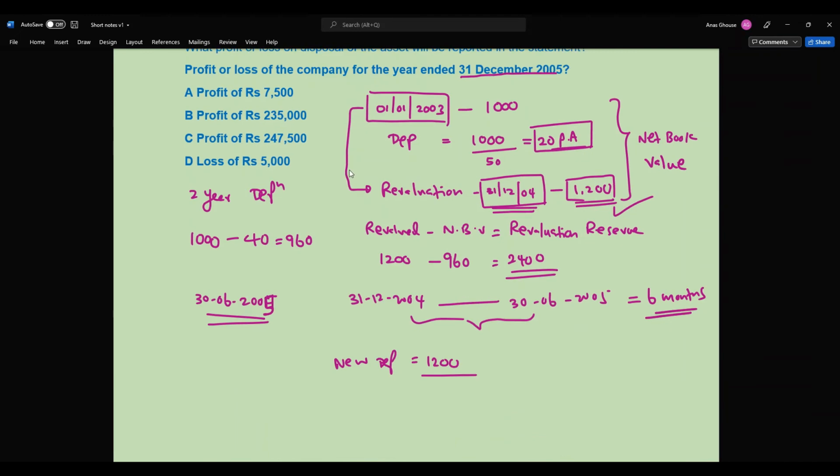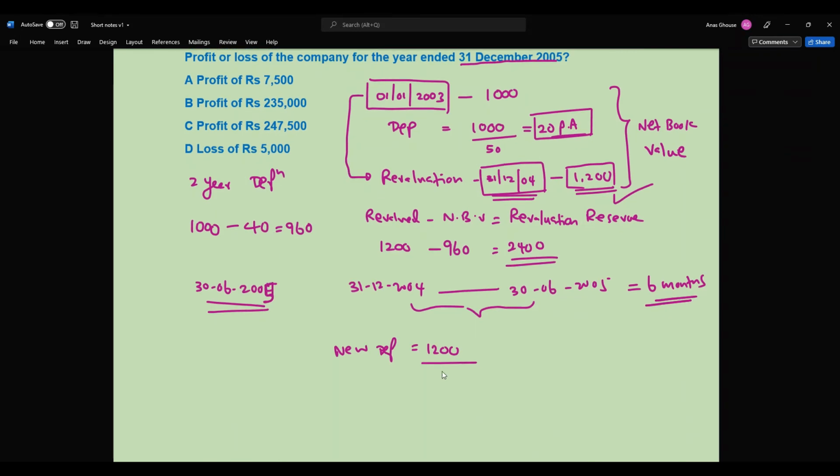So this 1.2 million should be divided by 48 years, the remaining useful life. 1.2 million divided by 48 is 25,000 per annum. But we need only 6 months, 31st December to 30th June, so 25,000 divided by 2 will be 12,500.